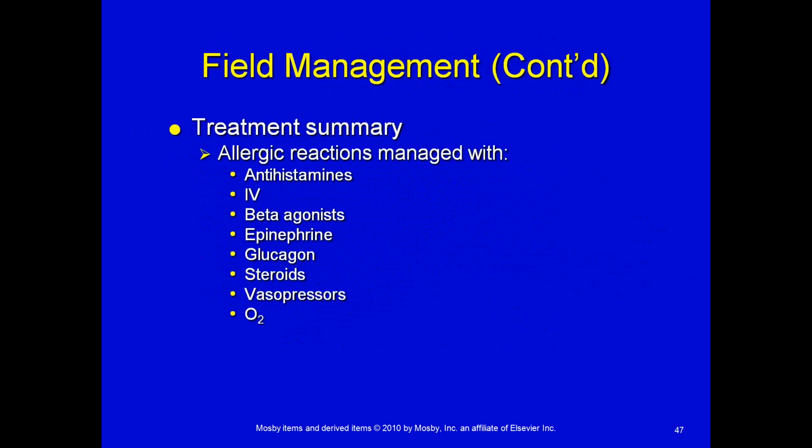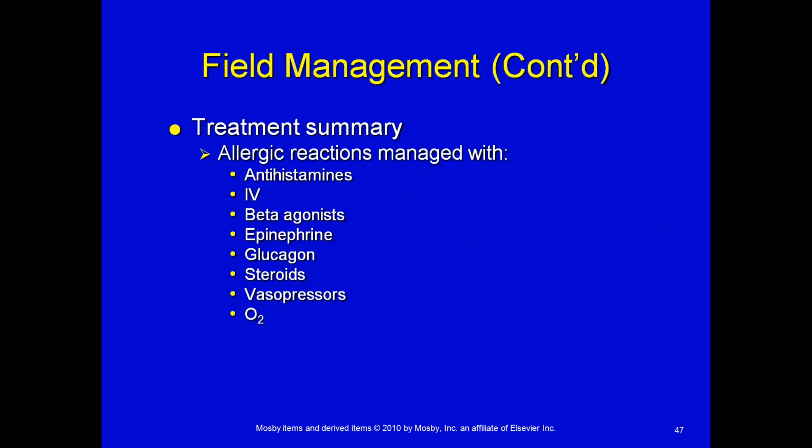Steroids are important, but they take a long time to work, so the sooner you can give them, like prednisone or methylprednisolone, the better. Things like aminophylline may be something to consider. Things like magnesium sulfate, which help.